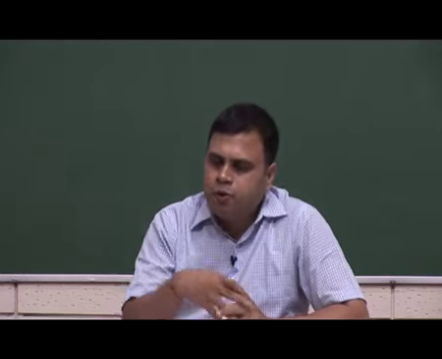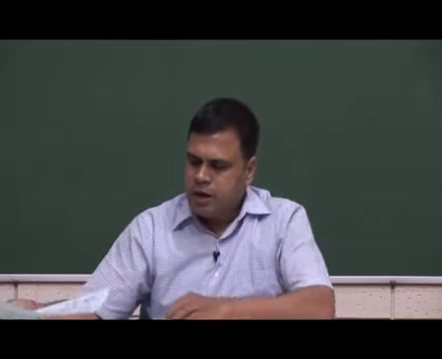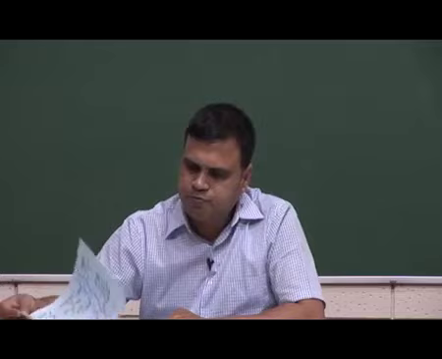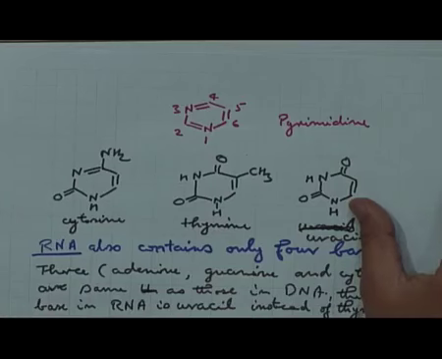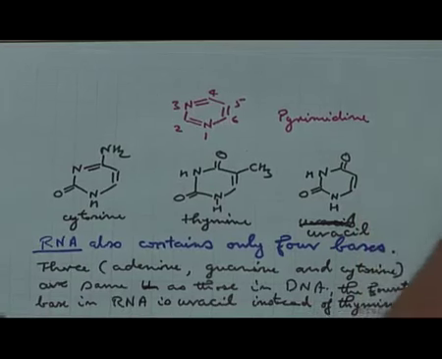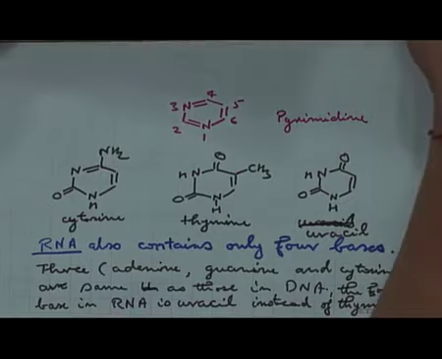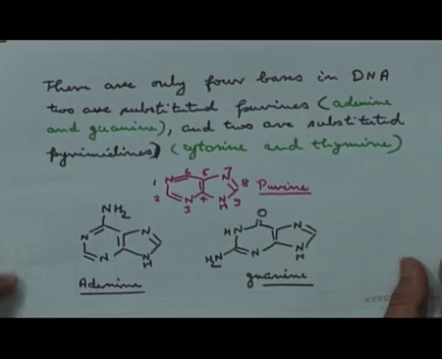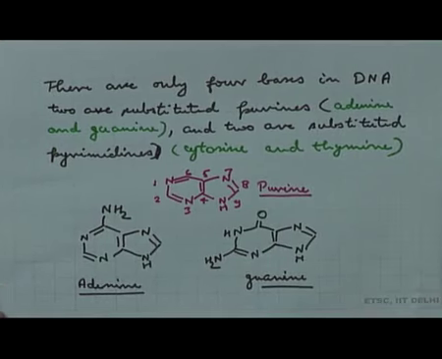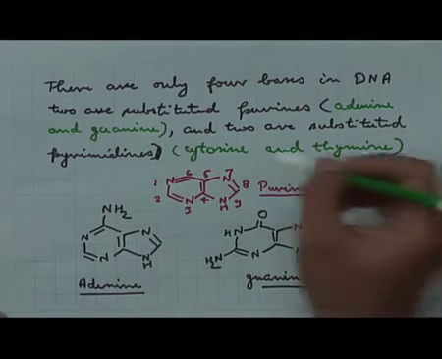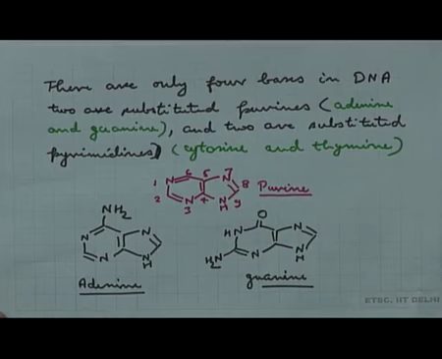DNA has 4 bases. Sorry, DNA has 2 substituted purines, adenine and guanine, and 2 substituted pyrimidines, cytosine and thymine.